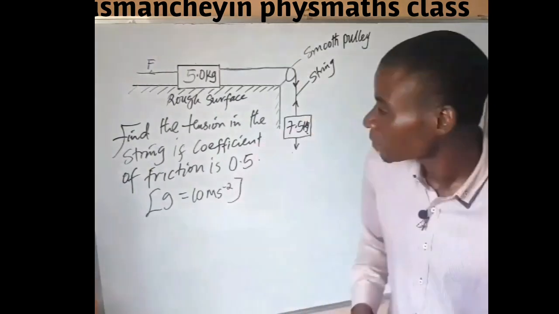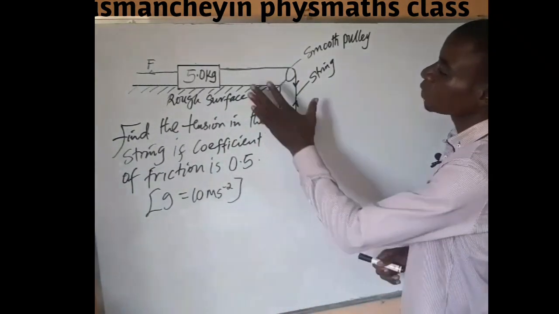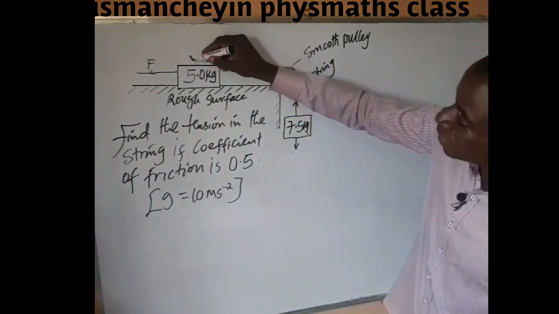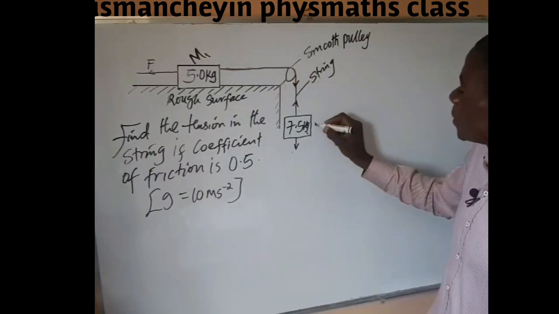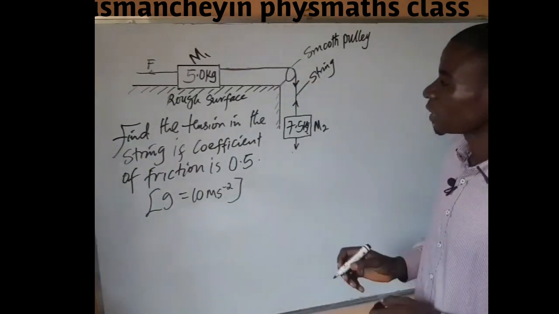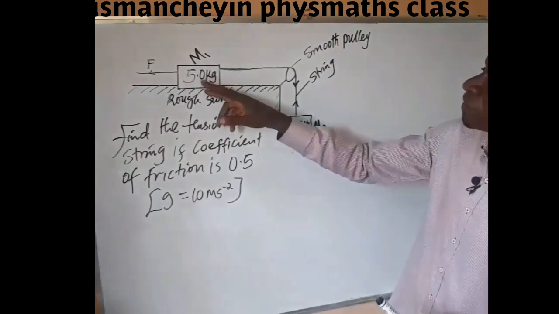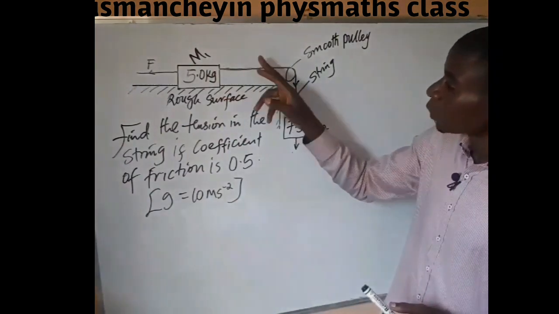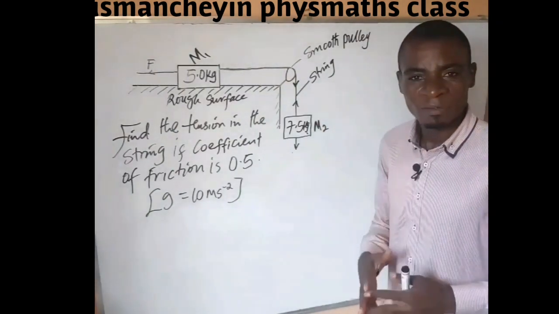So let's get started. For us to be able to calculate the tension on this particular system, let us name this M1 and this M2. Now, considering the mass M1, to find the tension we need the net force.